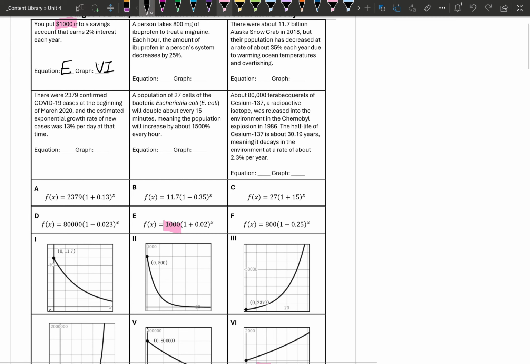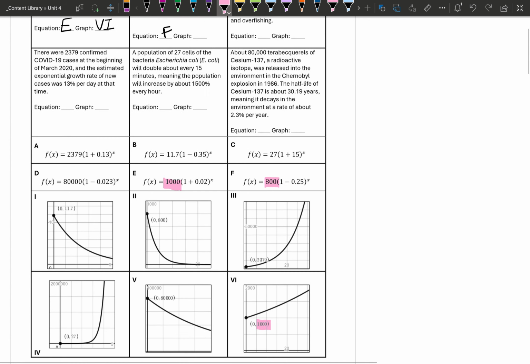A person takes 800 milligrams of ibuprofen to treat a migraine. Each hour, the amount of ibuprofen in a person's system decreases by 25%. Pay close attention to the numbers and match the equation. Hopefully you picked equation F because of the 800 milligrams of ibuprofen. Take a look at the graphs. Which one do you think matches the problem?